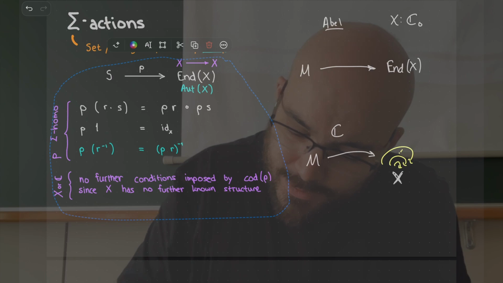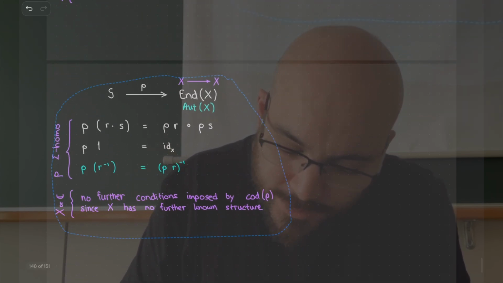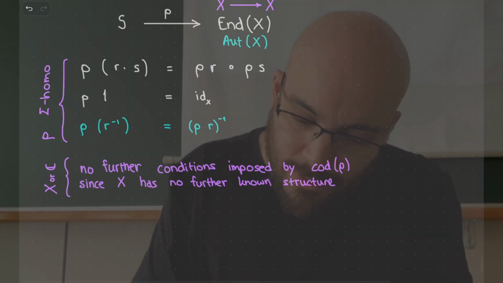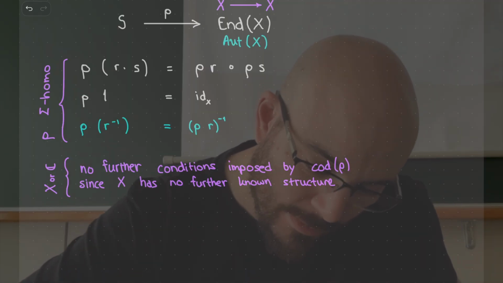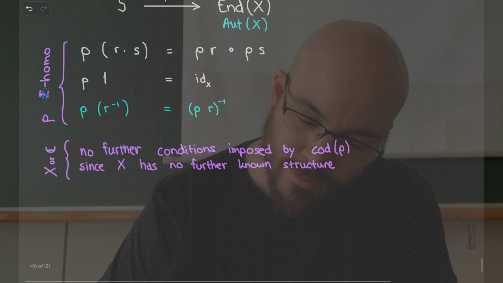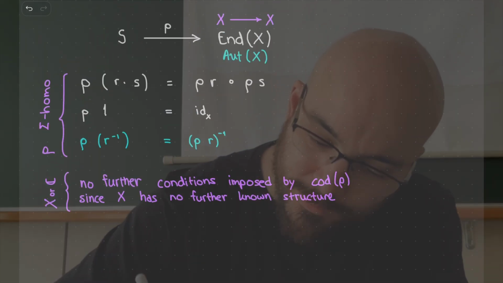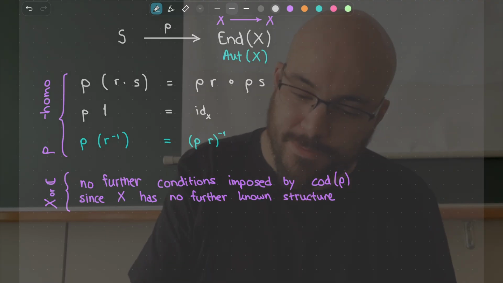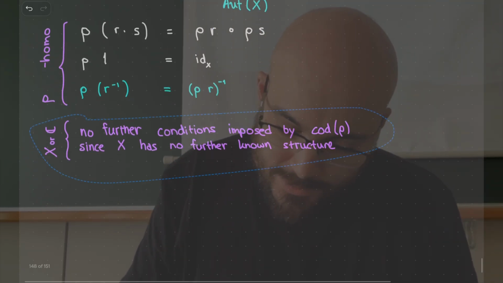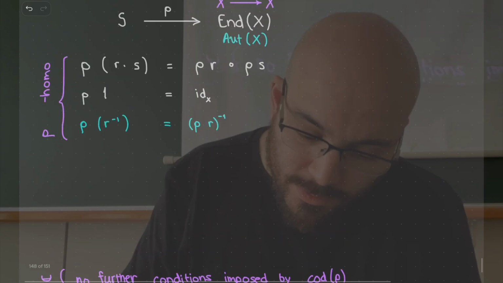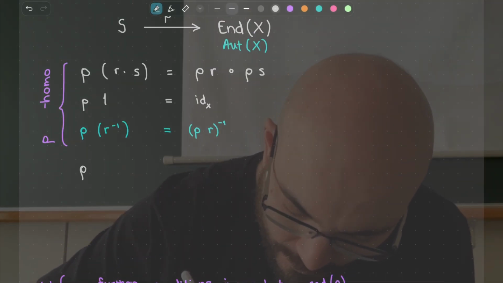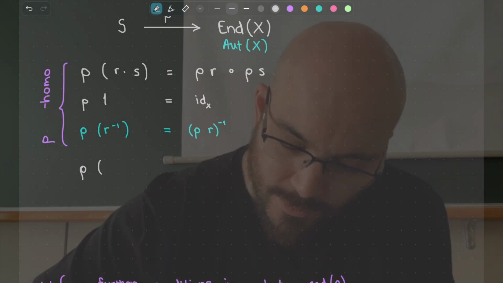But the thing that will change now is this thing that I have written here below. Sigma will now become a ring, so I will need further stuff. The further stuff I need is that it needs to respect the addition.